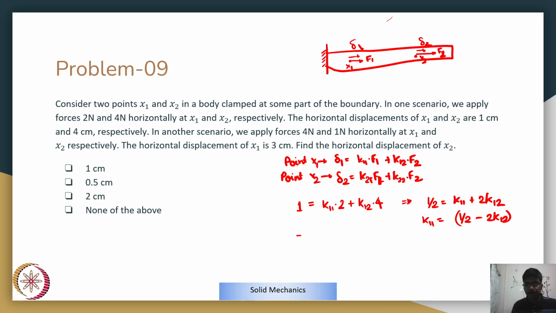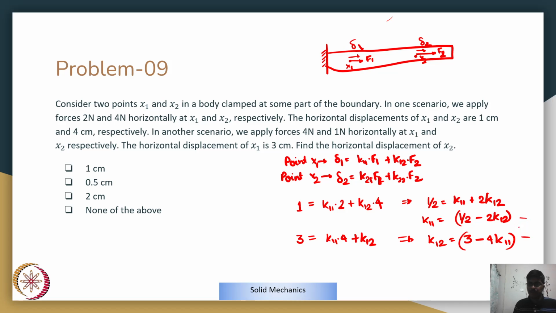Similarly, from the second case, horizontal displacement at point x1 is 3, which is equal to k11 into 4 plus k12, which would mean that k12 is nothing but 3 minus 4k11.